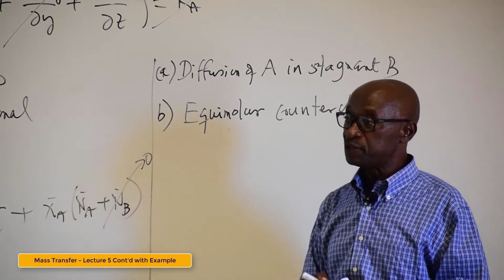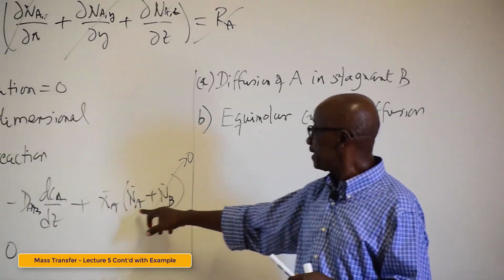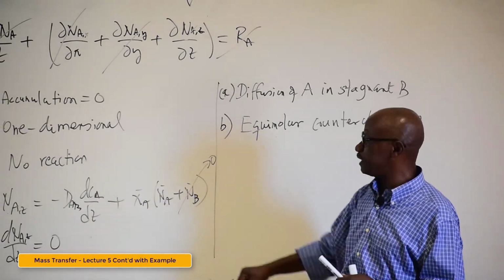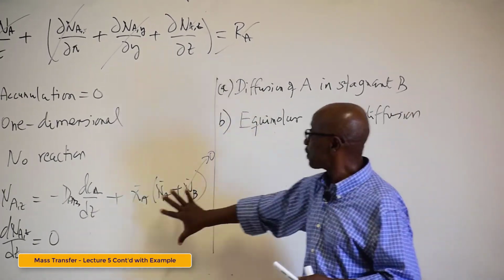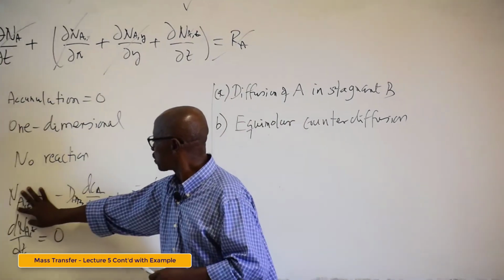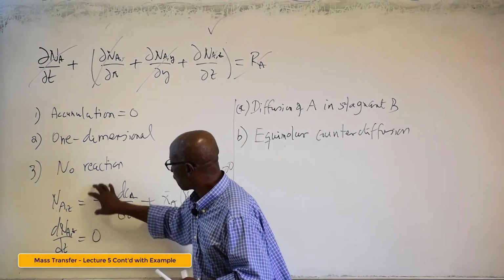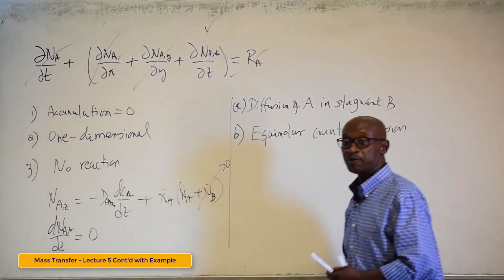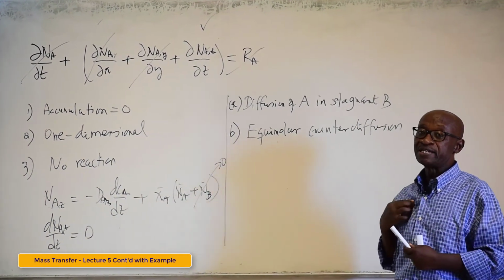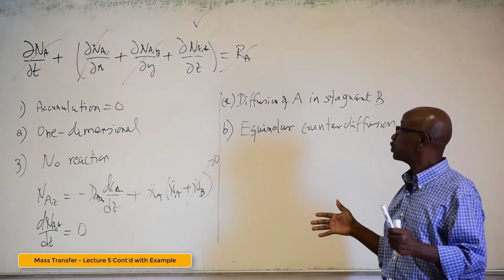In equimolar counterdiffusion, we say that N_A is equal and opposite to N_B. And what that does, once again, we are able to get rid of this term, and we express N_Az in terms of just this. Then we plug it into this equation, and then we solve it. So we were able to get flux equations for two scenarios.